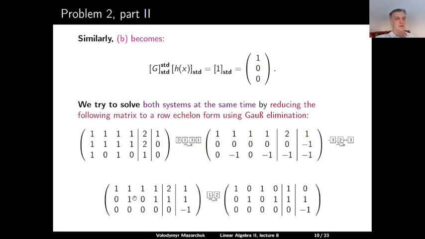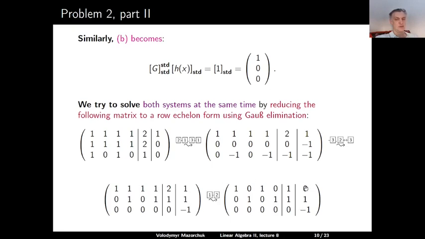And finally, we use this 1 in position 2, 2 to kill everything else in its column, so we subtract row 2 from row 1. Rows 2 and 3 remain the same, and row 1 becomes 1 minus 0 is 1, 1 minus 1 is 0, 1 minus 0 is 1, 1 minus 1 is 0, 2 minus 1 is 1, 1 minus 1 is 0.